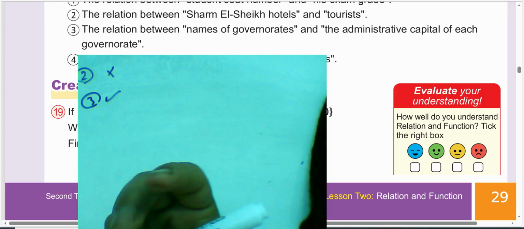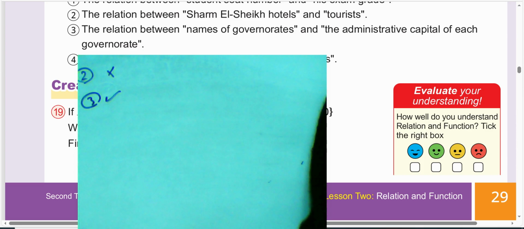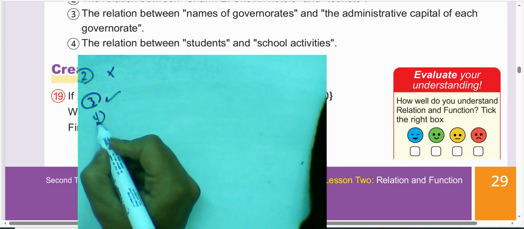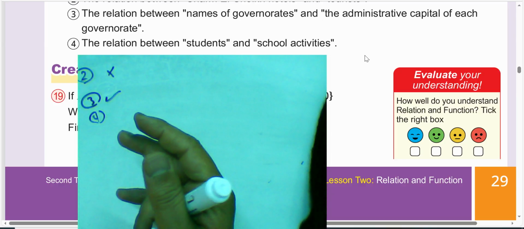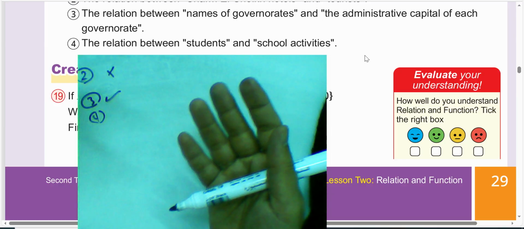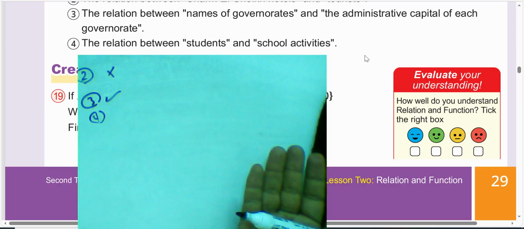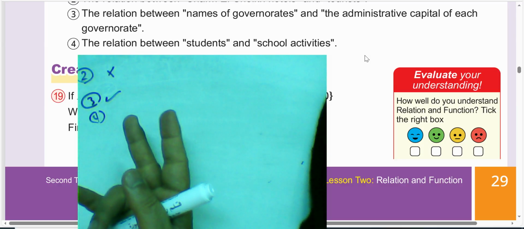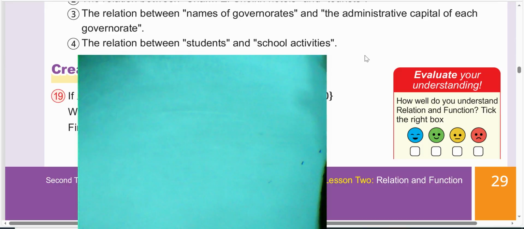The capital of Dakahlia governorate is Mansoura. Okay. Number 4, the relation between students and school activities, not a function, because sometimes students choose more than one activity, like playing and planting or anything. That's not a function, because each student has more than one activity.